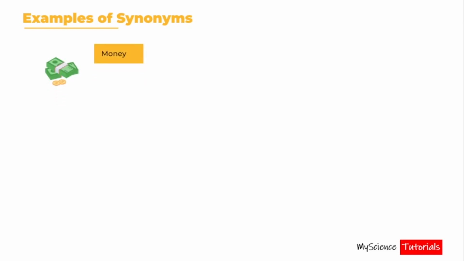If you have money and want to express money, I invested a lot of money into this business. I can also say I invested a lot of cash into this business, or I invested a lot of currency into this business. Okay, or the currency is depreciating very fast.